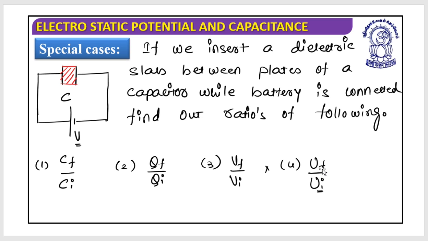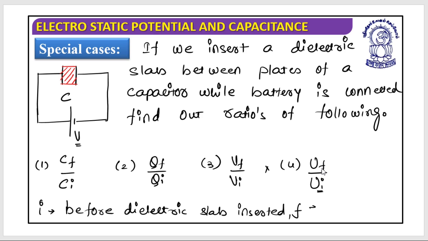When I say initial, that means before dielectric slab is inserted, and when I say final, it's after insertion of slab. So these are the initial and the final. So let's begin then.